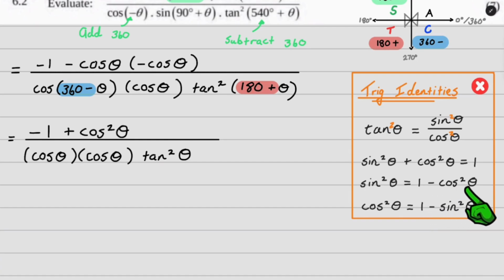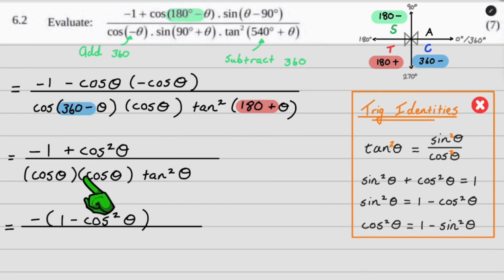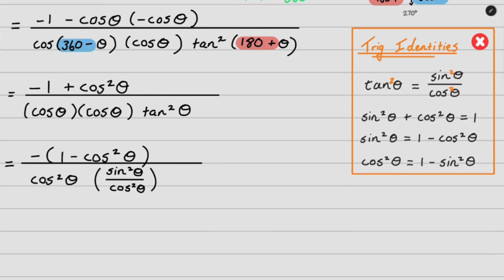So to enable me to use this identity, I'm going to remove a common factor of -1 from the top here. And then at the bottom, cos times cos is cos squared theta. And I'm going to change the tan squared theta into sine squared over cos squared using trig identities. Okay, so in the bracket over here, I'm going to change this 1 minus cos squared into sine squared theta using my identities.